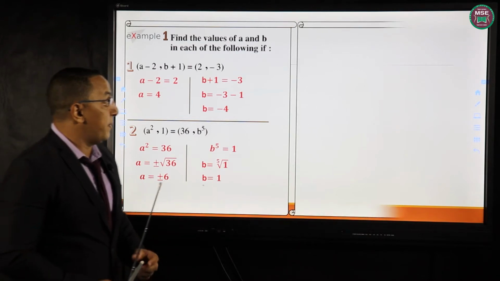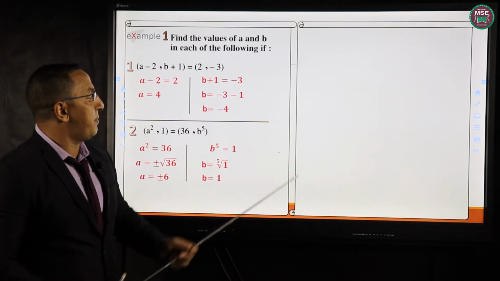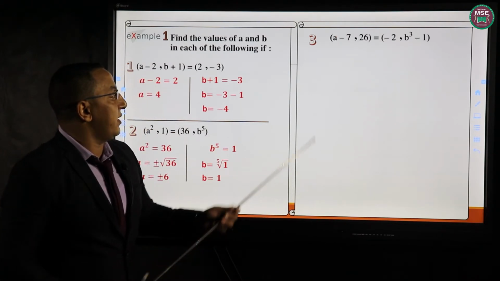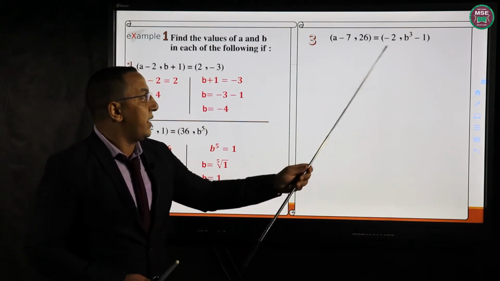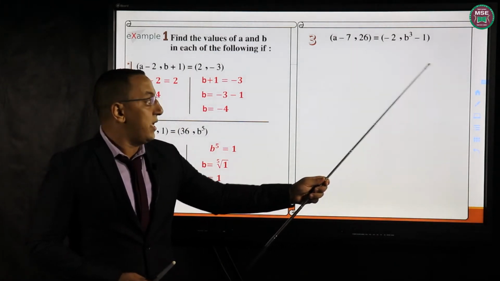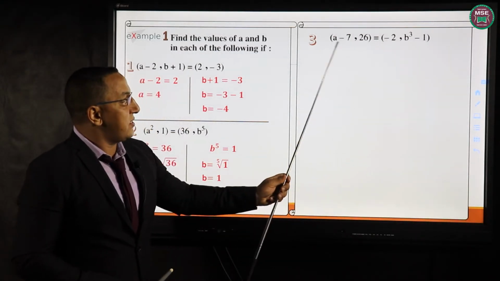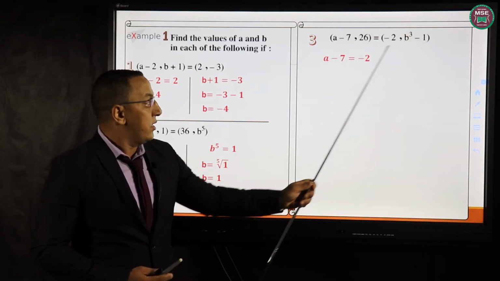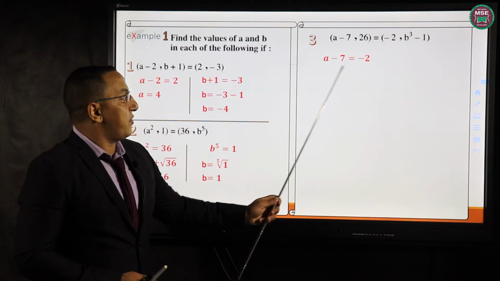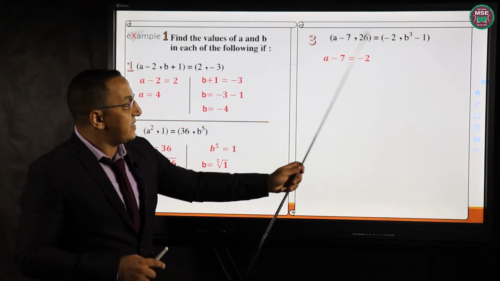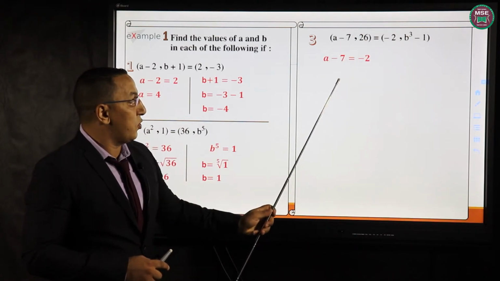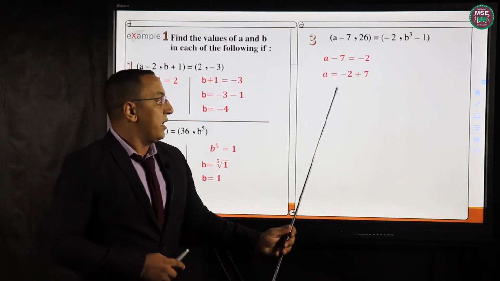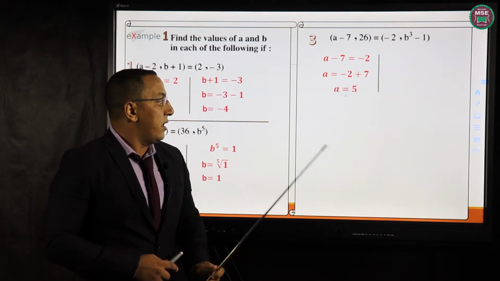Okay, another example, number 3: (a - 7, 26) equals (-2, b^3 - 1). The first equals the first, and the second equals the second. So a - 7 equals -2. By sending 7 to the other side, positive, it will be -2 + 7, which equals 5.